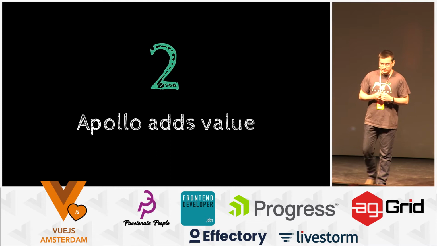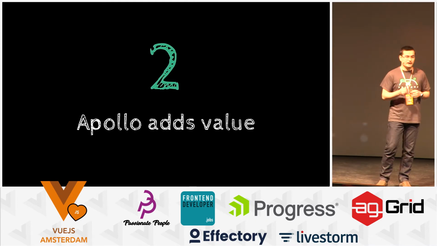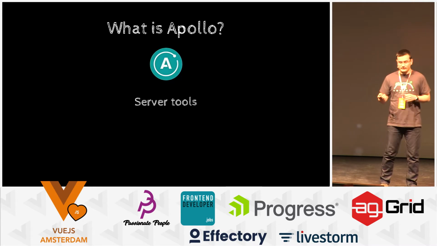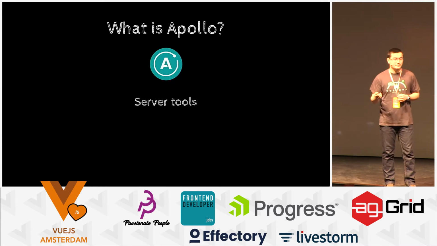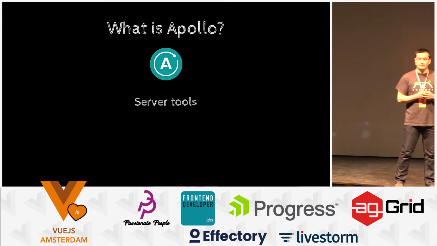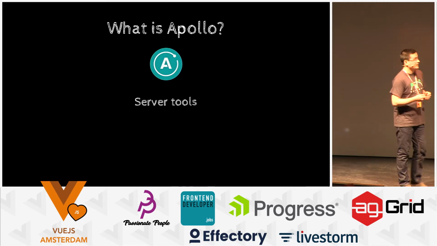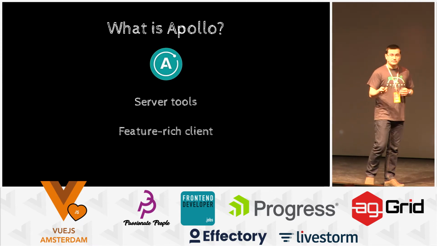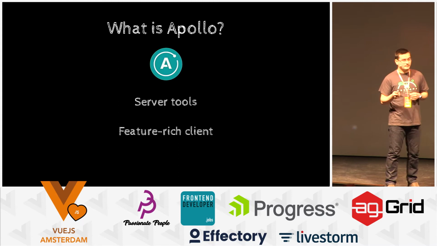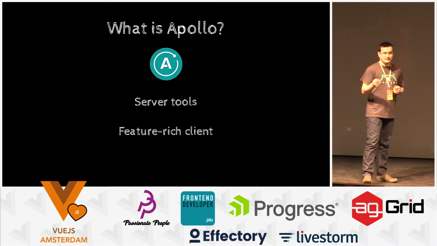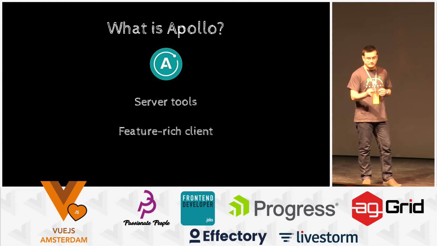So let's go over to Apollo and why you should use it. So what's Apollo? It's first server tools that allow you to build a GraphQL API server in an easier way. And you've got the Apollo client, which is packed with features to help you build a web app using GraphQL.